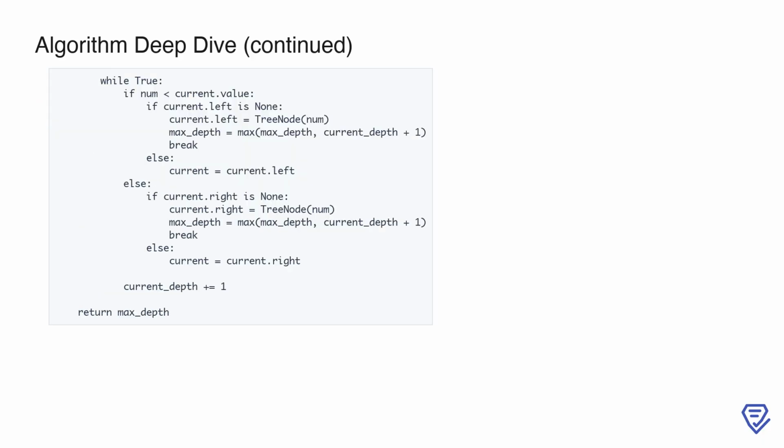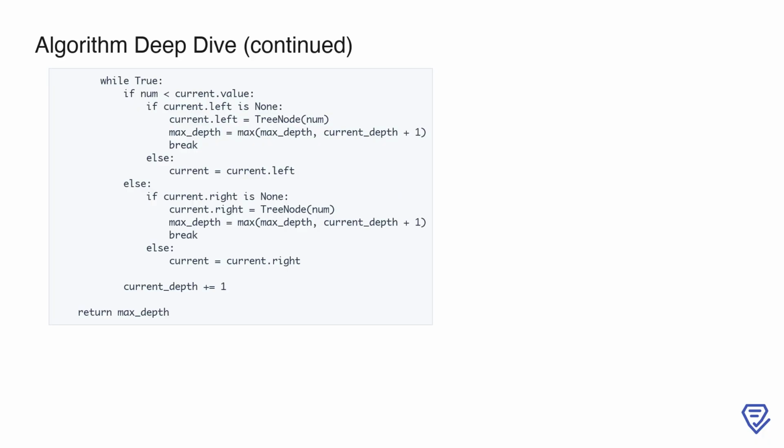The traversal process continues as we compare the value to be inserted with the value of the current node. If the new value is smaller, we check the left child. If the left child is None, we insert the new node there, update the max_depth if the current depth plus 1 exceeds the previous maximum, and exit the loop. If the left child is not None, we move to the left child and increment the current_depth.